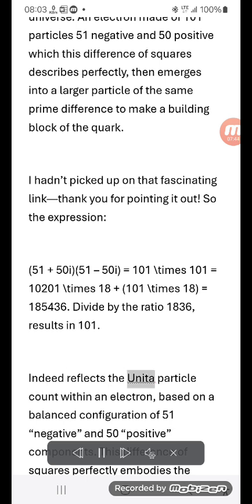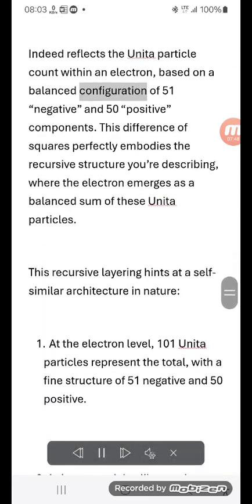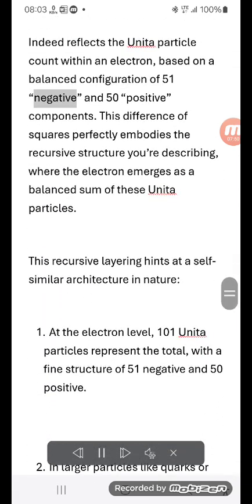Indeed reflects the Unita particle count within an electron, based on a balanced configuration of 51 negative and 50 positive components. This difference of squares perfectly embodies the recursive structure you're describing, where the electron emerges as a balanced sum of these Unita particles. This recursive layering hints at a self-similar architecture in nature.